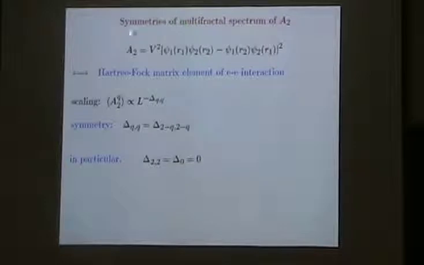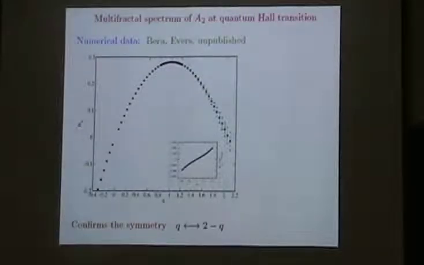So the multifractal spectrum of this Slater determinant is symmetric when we go from q to 2 minus q. And now I show numerics by Schumann here.